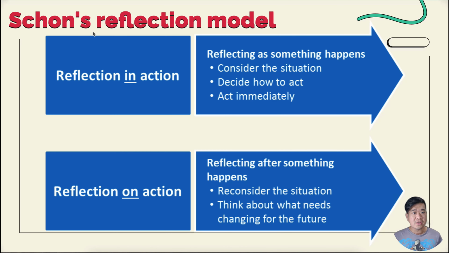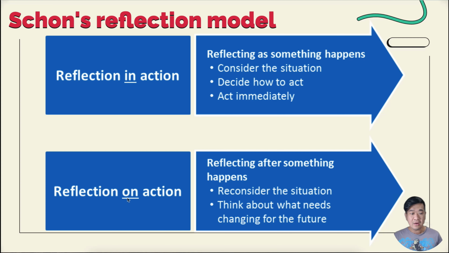The next one is the Schön reflection model. There are two types: reflection in action and reflection on action. Reflection in action is when something happens and you act on it immediately and finalize it.